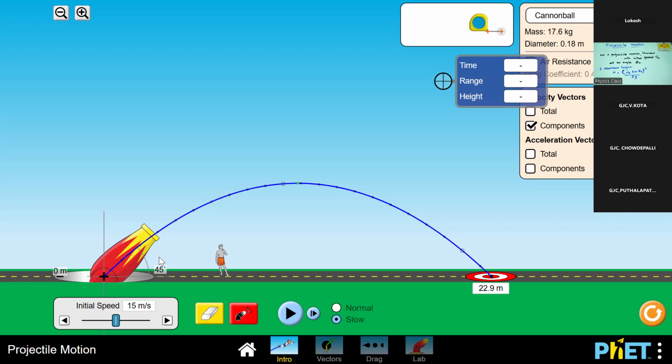Okay. So now look at another case. Look at the vertical green arrow and the horizontal green arrow. The vertical green arrow length reduces step by step, but the horizontal green arrow stays at a constant length, which denotes a constant speed.